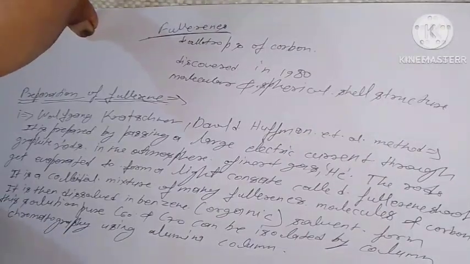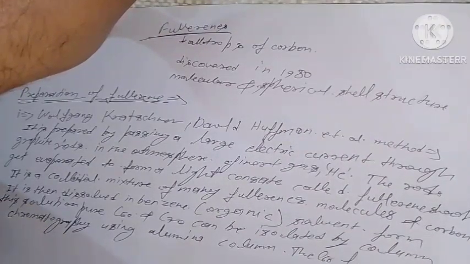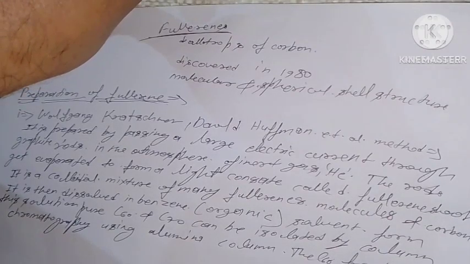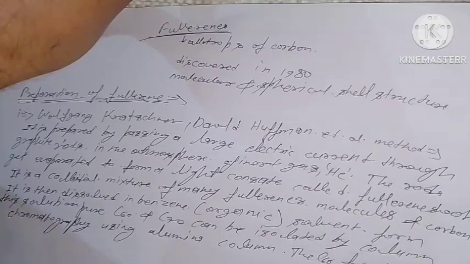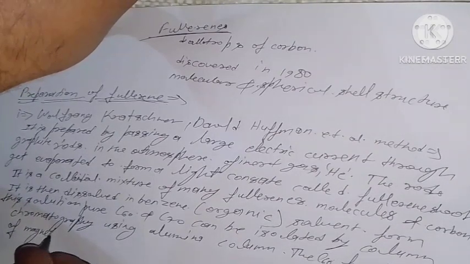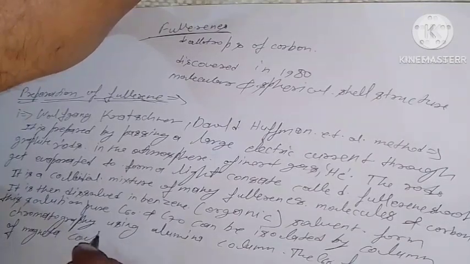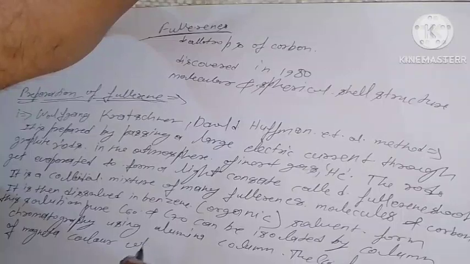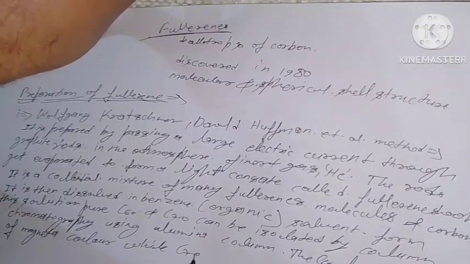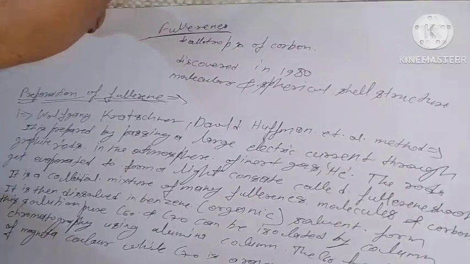The C60 fraction is of magenta color, while C70 is orange, okay?